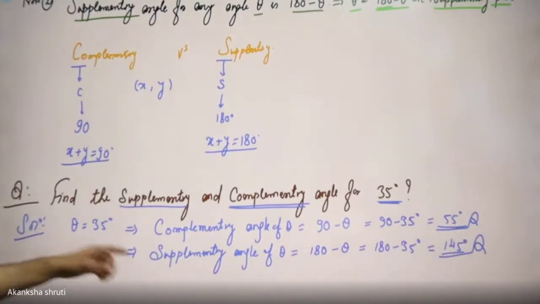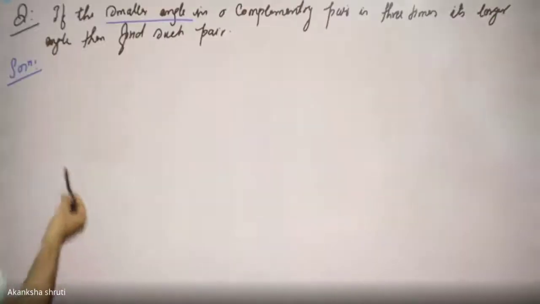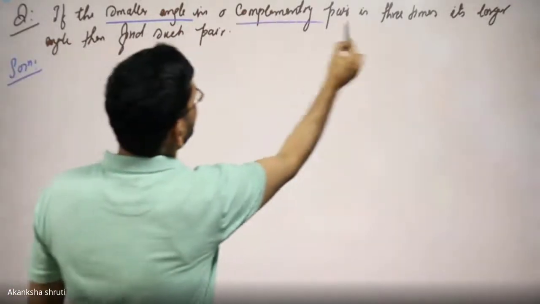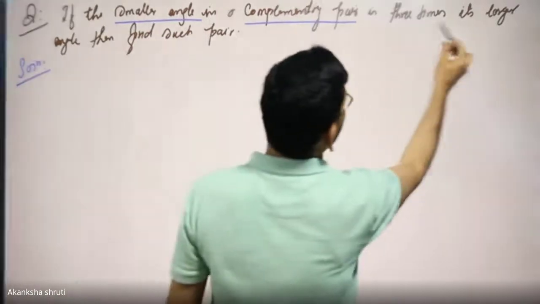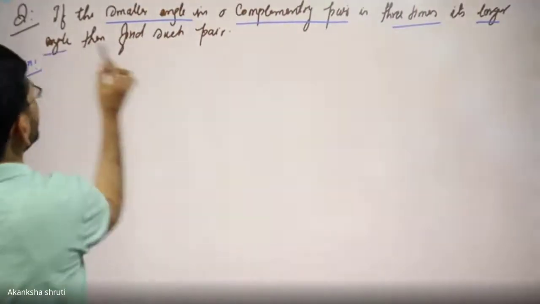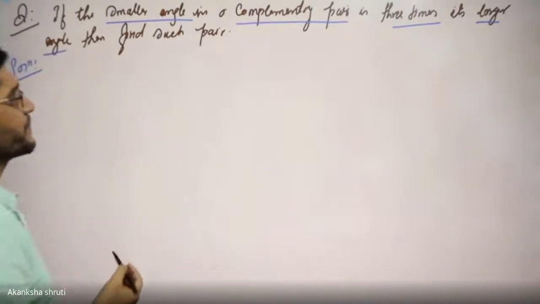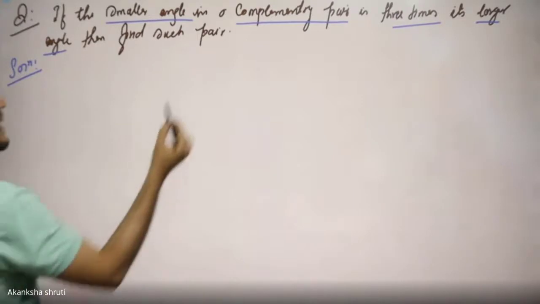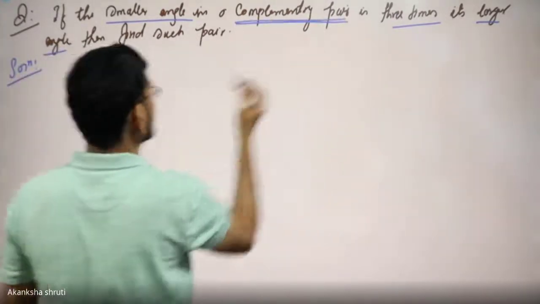Students, the questions are asked even in different ways. Let us see. Our question is, if the smaller angle in a complementary pair is 3 times its larger angle, then find such pair. Students, we have to take the complementary pair.